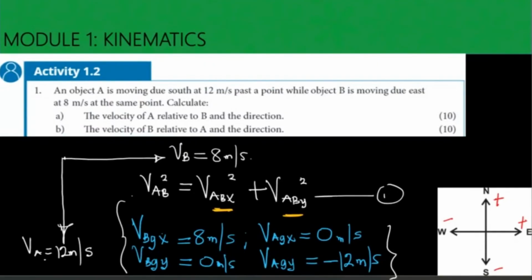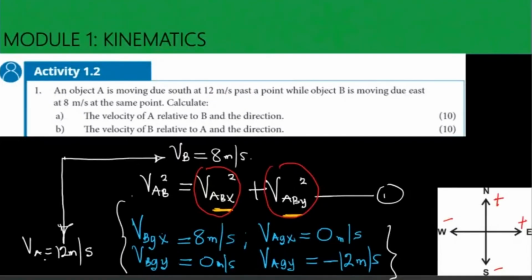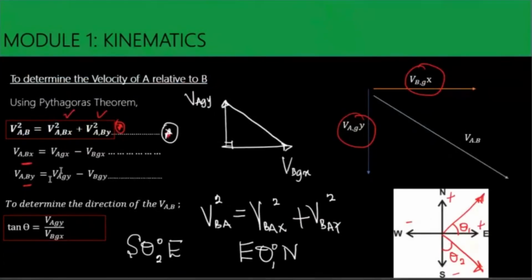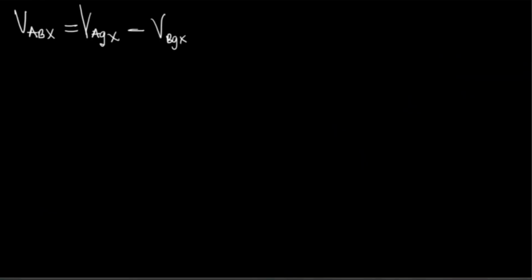So now let's determine this, and then we substitute to get our answer. The velocity of A relative to B on x is the velocity of A relative to the ground on the x-axis minus the velocity of B relative to the ground on the x-axis. That's the equation we're going to use.